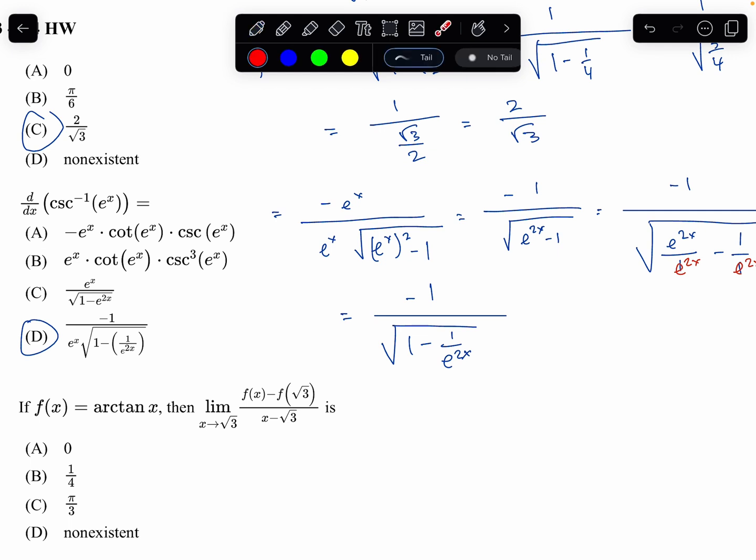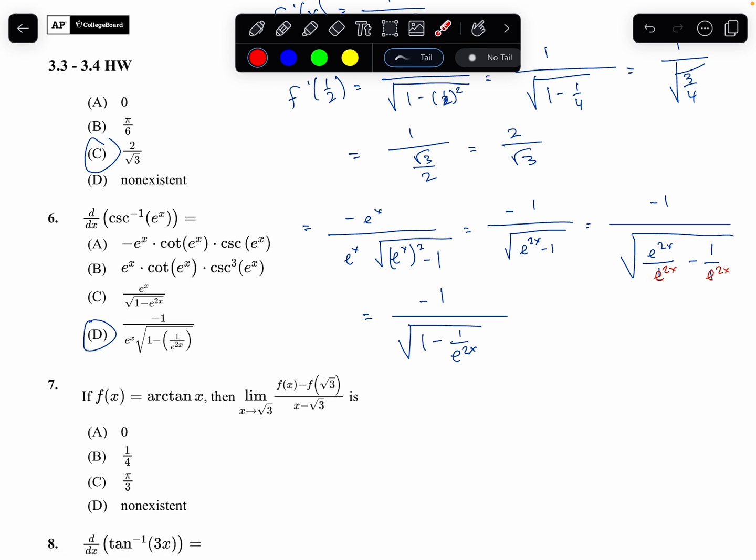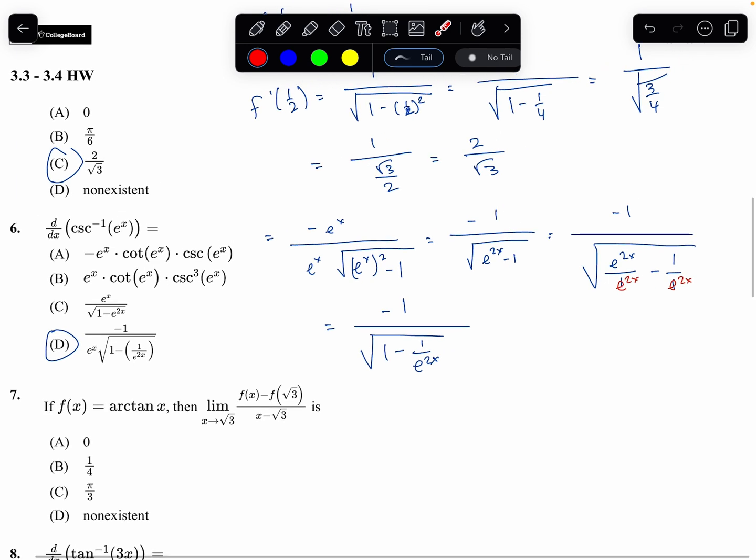I don't think I'm doing this property correctly right here. In some way, I feel like I need to review this. In some way, I'm going to have to take the square root of e to the 2x minus 1.